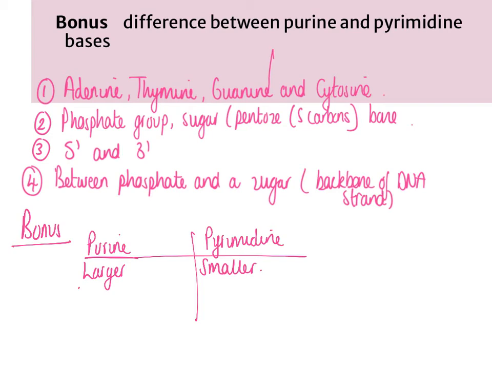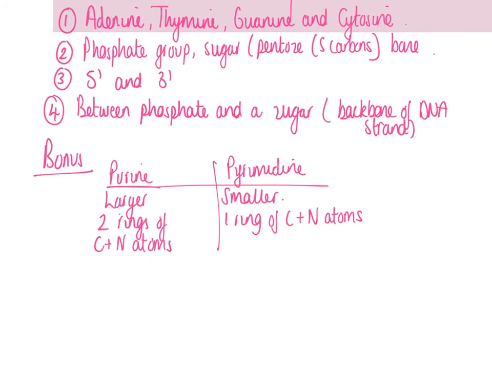Purines have 2 rings of carbon and nitrogen atoms, whereas pyrimidines have 1 ring of carbon and nitrogen atoms. And then we can name the bases. We have adenine and guanine, and then we have thymine, uracil, and cytosine.